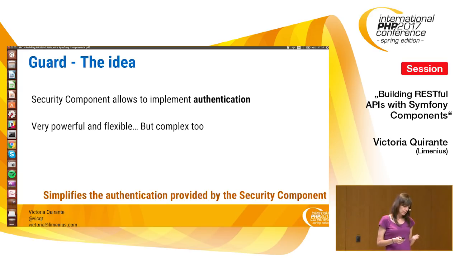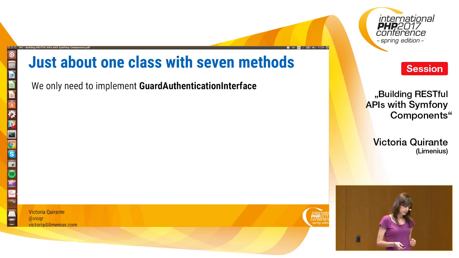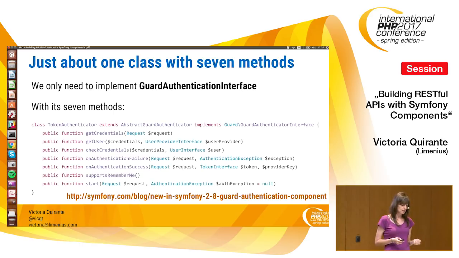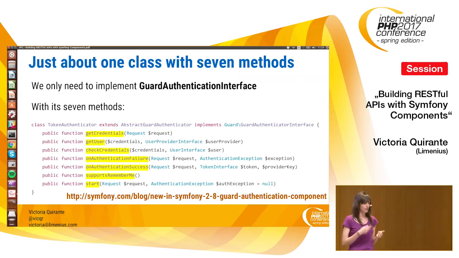This Guard component is so simple that the only thing you need to do is to implement one interface, GuardAuthenticatorInterface, which consists of these 7 methods that are very thin, very understandable. Implementing this, you will already be taking advantage of Guard, okay? This is not saving you from implementing the authentication strategy later, like JSON tokens or OAuth or whatever. This is only preparing you for that, okay? The other work needs to be done as well.